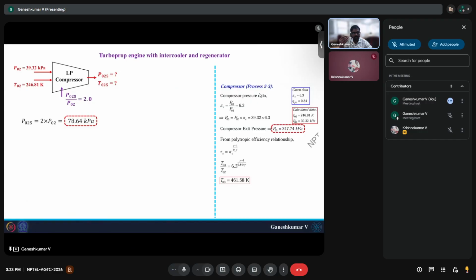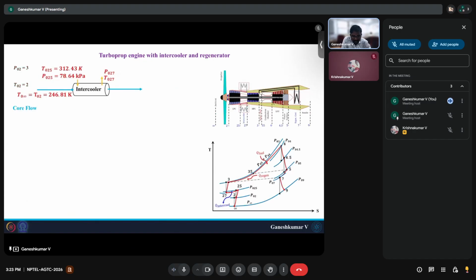So the pressure ratio of 2 is coming from the LP compressor, and the remaining 3.15 is coming from the HP compressor. That's why at the exit of the LP compressor you have pressure of 78.64 kilopascal, and therefore temperature of 312.43 Kelvin.